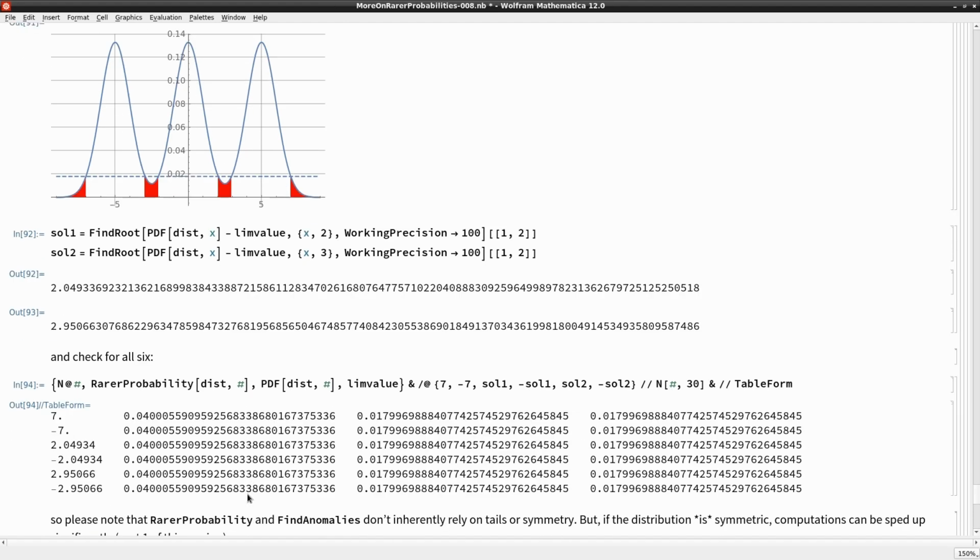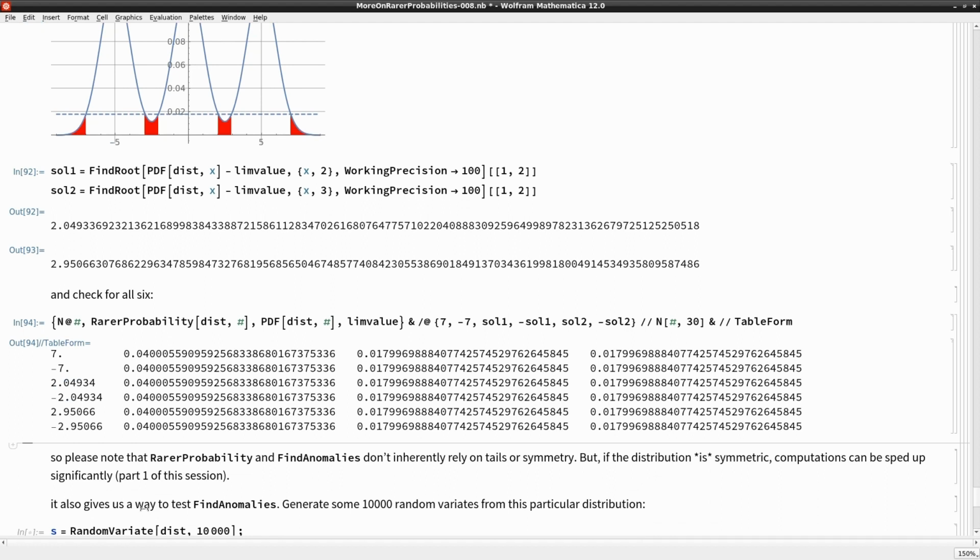And here we have the results. We see that columns 3 and 4 are identical for all these 6 points, including these 4 that are in the middle. Okay, and I think this gives us also a way to test find anomalies, coming back to what we had last time.